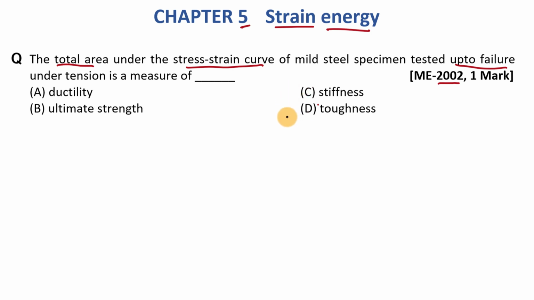So here we will choose option D, toughness. So you can remember that total area under stress strain curve up to failure is toughness. And here if we draw the stress strain diagram for mild steel, it is like this, and this total area is this area.